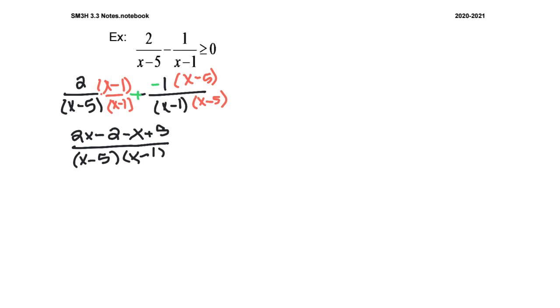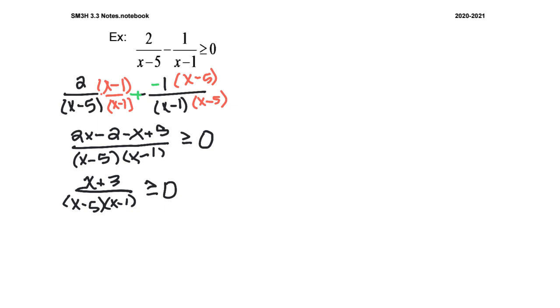Then I can take the numerator and simplify this. Don't forget the greater than or equal to 0. So I end up with 2x minus x and negative 2 plus 5, so x plus 3 divided by x minus 5, x minus 1, and that's greater than or equal to 0.